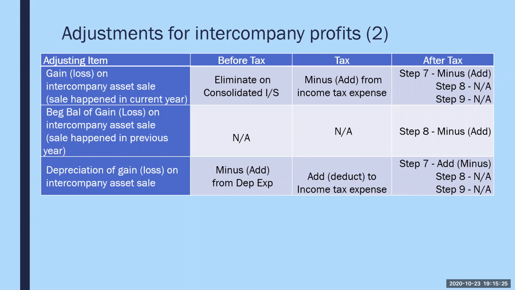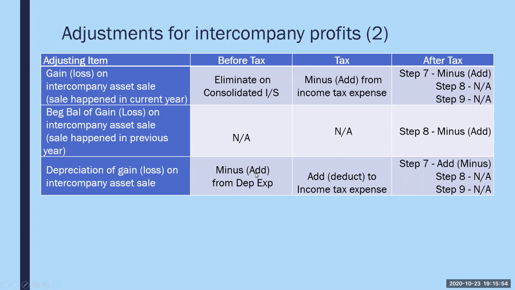Now, if my income before tax is higher as a result, then of course income tax needs to go up. So the amount of the tax on the realized gain portion, we add to the income tax expense. Now, what you're seeing in the brackets is what you would do in the case of a loss. If this was a realized loss, it will rather decrease consolidated net income.